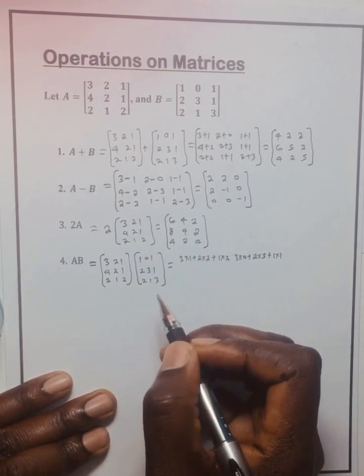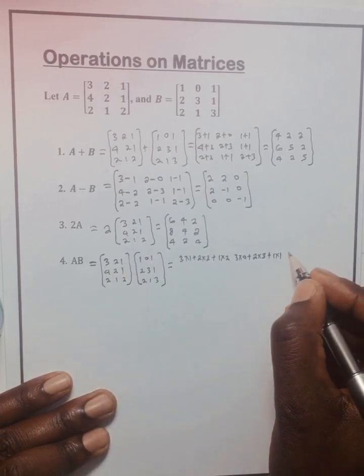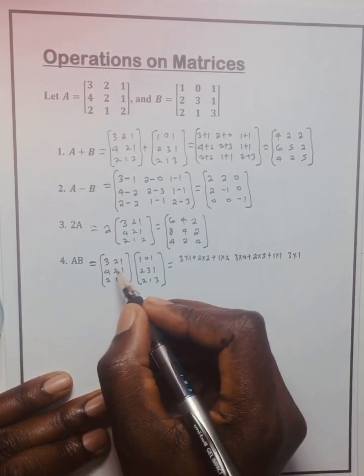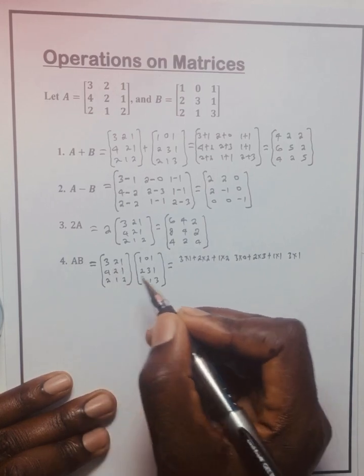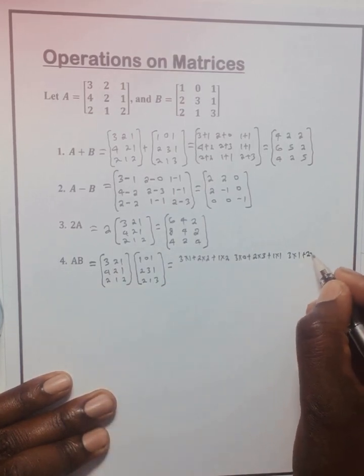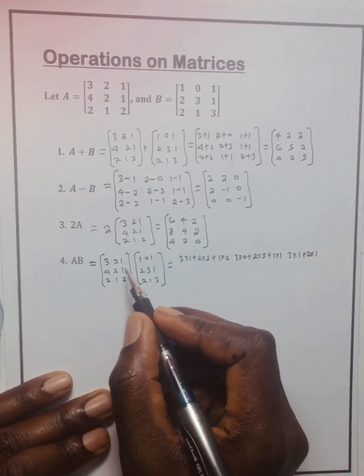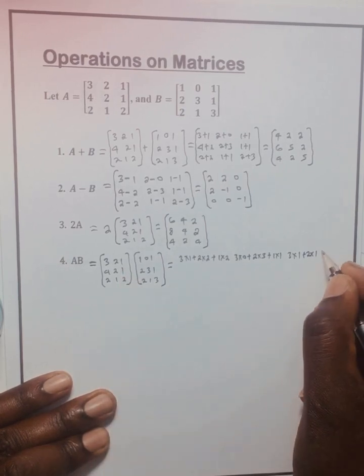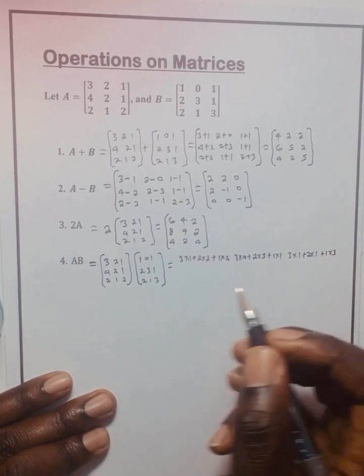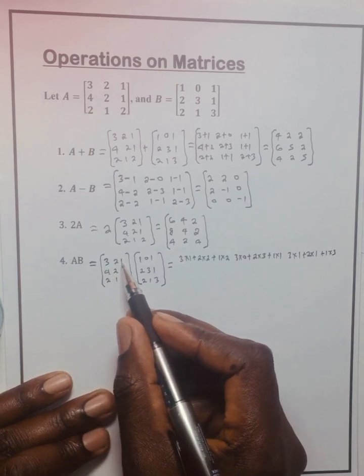Then the last column, 3 times 1 plus 2 times 1 plus 1 times 3. So we're done with the first row.